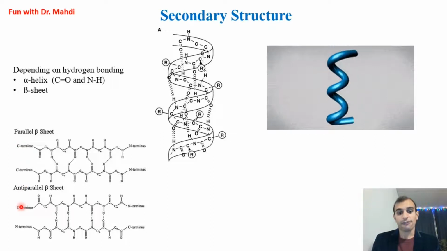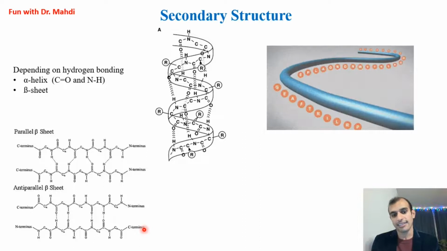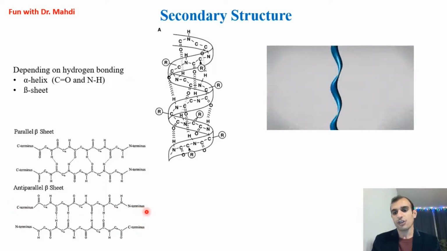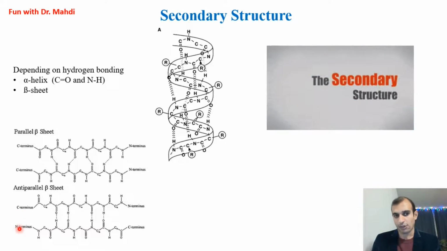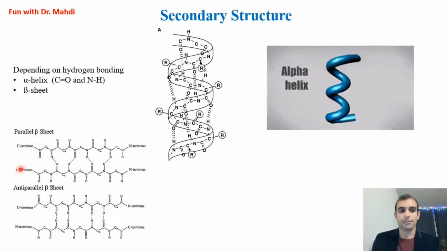But if they are far from each other, for example, here we have a C terminal and on the other side again a C terminal, N terminal, N terminal, if they are far from each other, we call it antiparallel. In antiparallel, the C terminal is close to the N terminal. But in parallel, the C terminal is close to the C terminal.